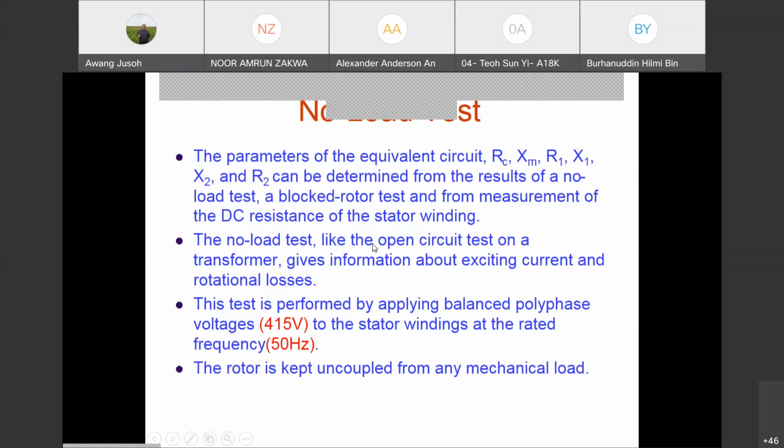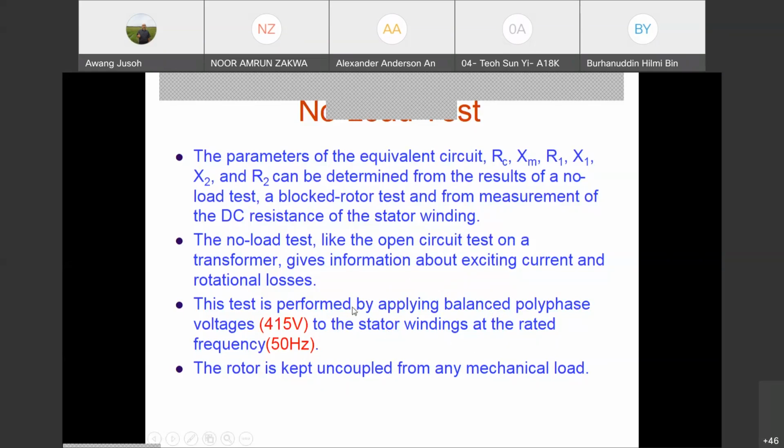Then you measure the current, how much the no-load current in the stator winding is, and the power factor and so on. Normally we use a power meter, for example a Fluke power meter, so we can see everything there. It shows you the voltage, the power factor, the VA, and so on. You can get that from the measurement.